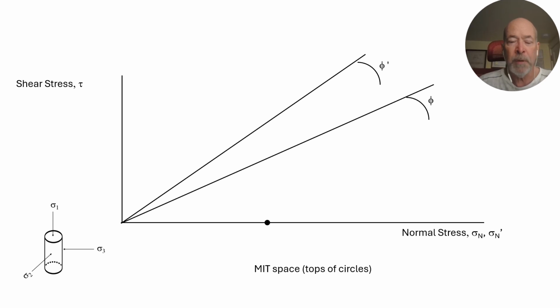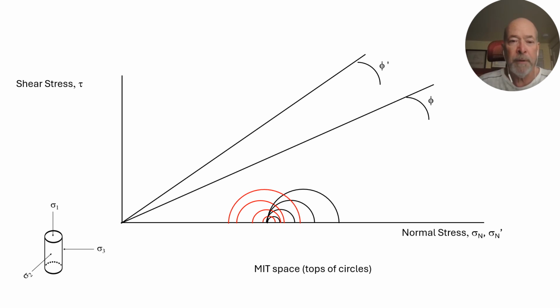So if we look at MIT space, we have a total stress Mohr circle and an equivalent effective stress Mohr circle. We keep loading that up and loading it up, and you can see the black circles are following a pattern with sigma 3 remaining the same and sigma 1 is increasing, so the vertical stress is increasing.